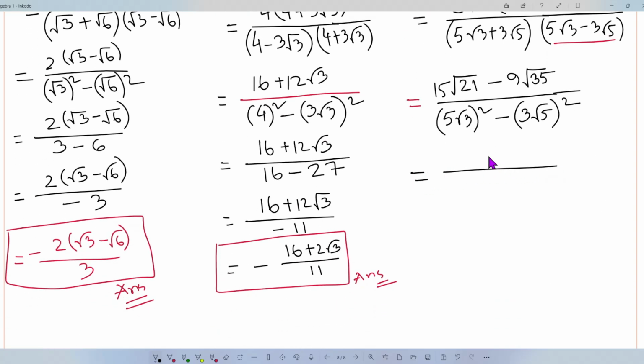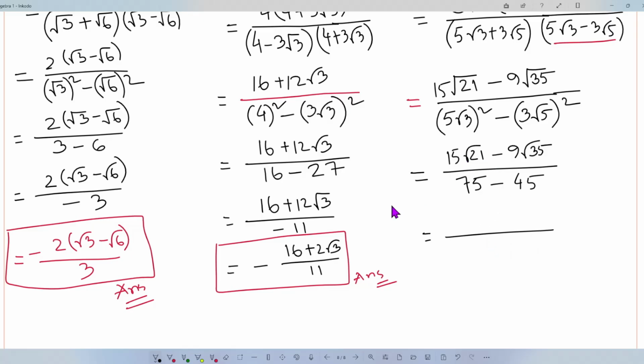Then here is 15 root 21 minus 9 root 35, and here 5 square means 25 and root 3 square means 3. So 25 times 3 is 75. Okay. Minus 3 square means 9, root 5 square means 5, so 9 times 5 is 45.